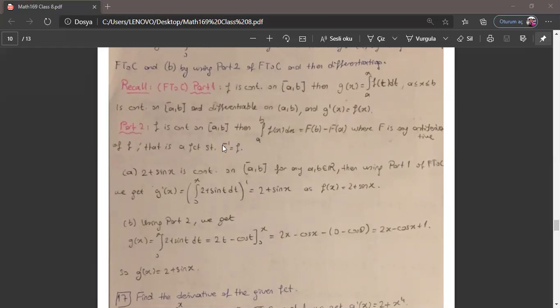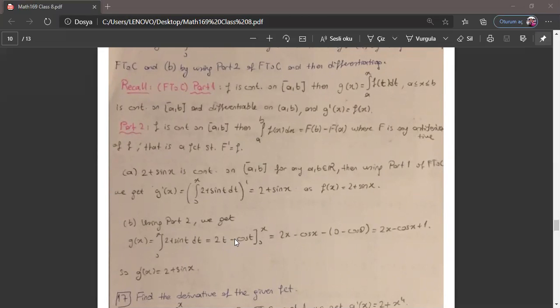So if we use the second part, we need to find an antiderivative of the function, which is this function satisfying this equality. The derivative of the antiderivative gives you the real function. Okay, so what's the antiderivative of this 2 plus sine t?